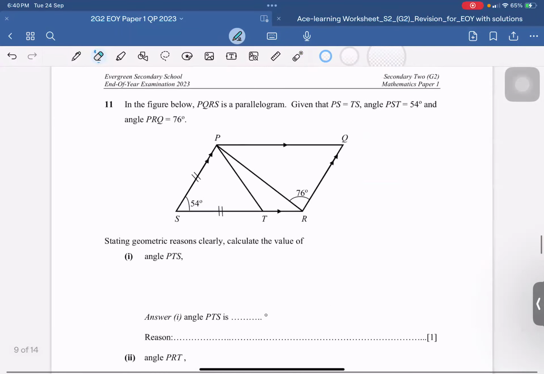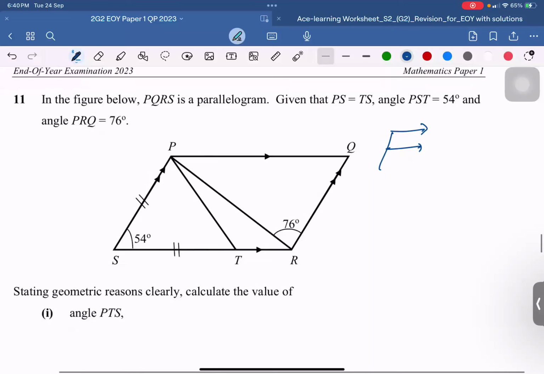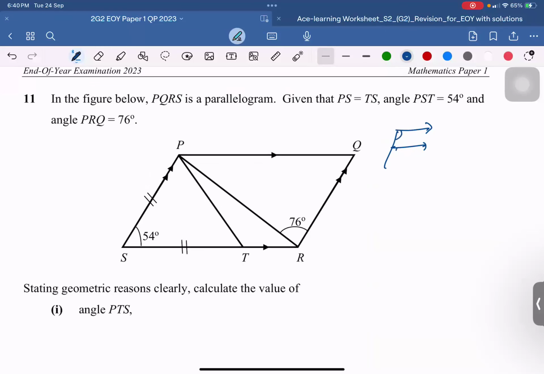This one is angles. I send you my favorite letters. First one, letter F. Angles start with C, because you must write the reason: corresponding angles on parallel lines. Tell me the next letter.